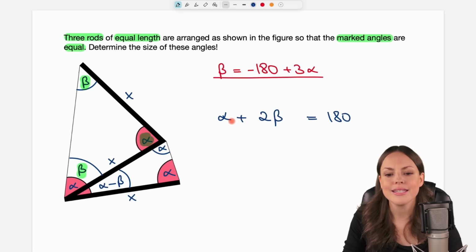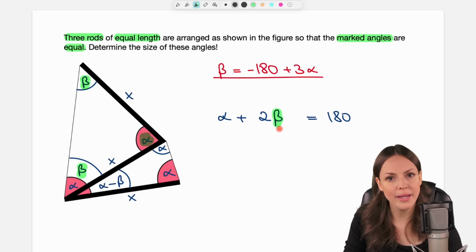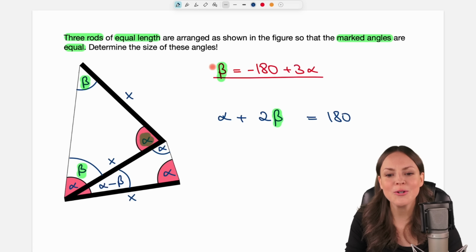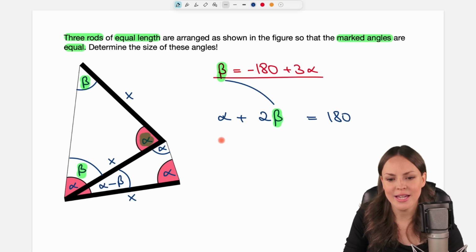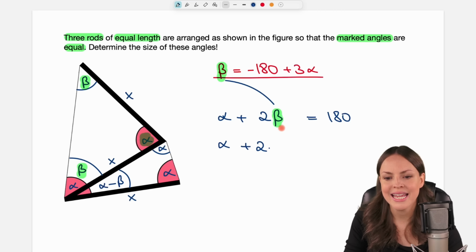I am interested in alpha in the end, so if I could get rid of beta, it would be great. And we can, because we know this about beta, and we can insert it here for our beta. So that we have alpha plus 2 times, and instead of beta, we're going to write down this expression here.